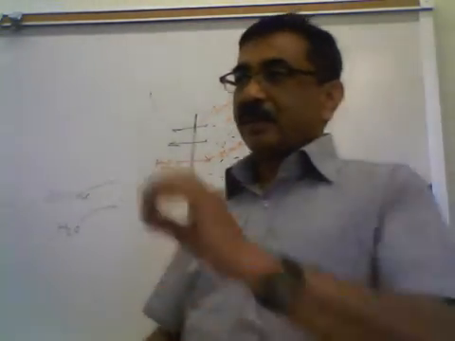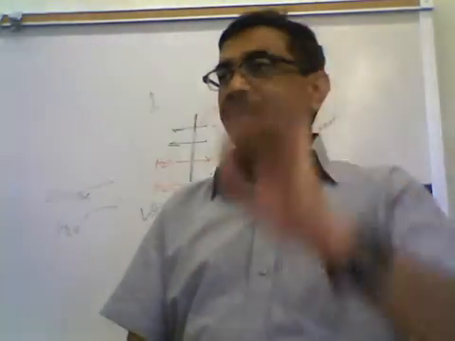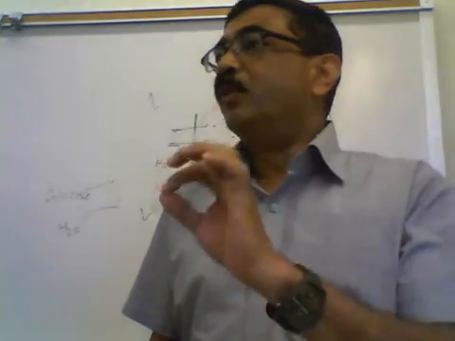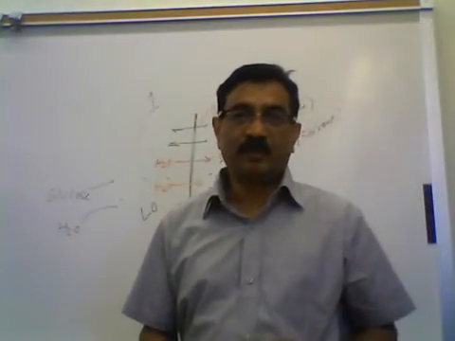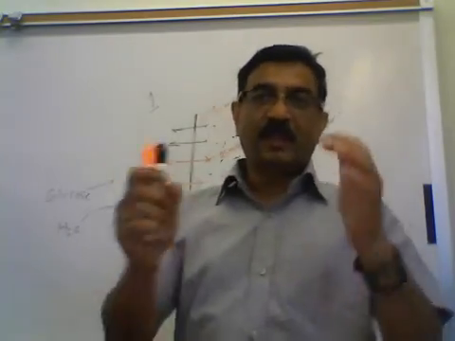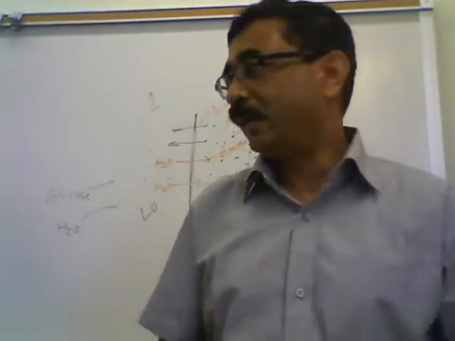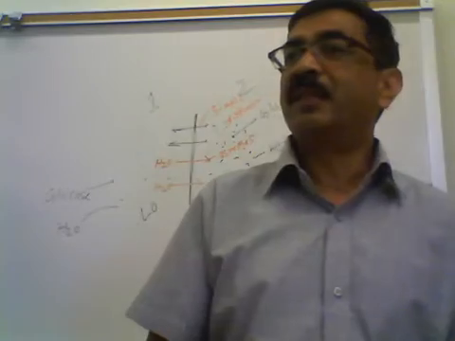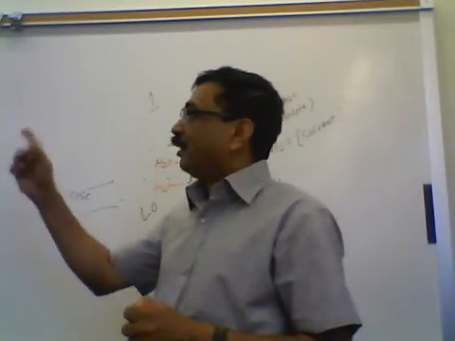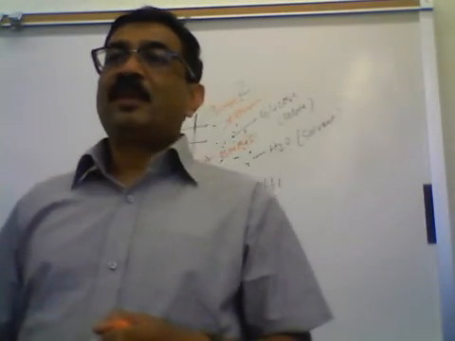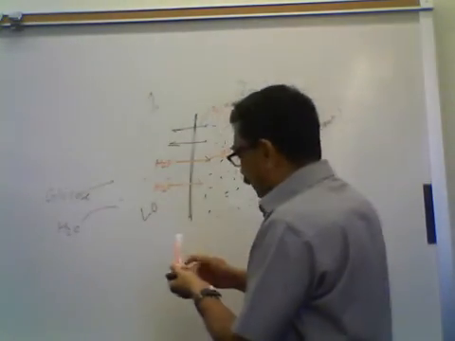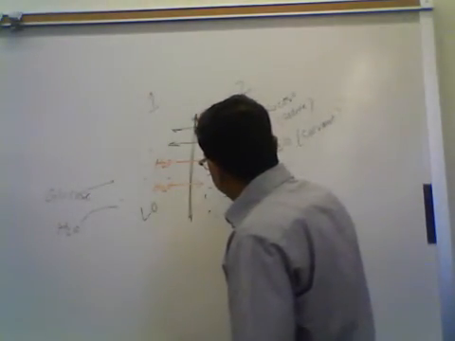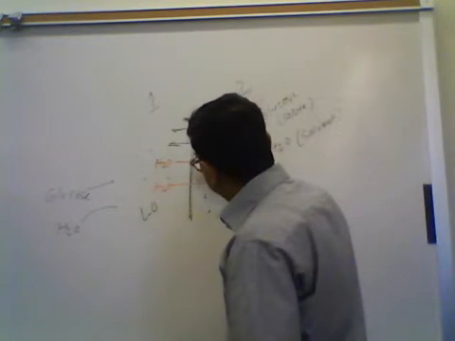Sometimes the chemicals move with the help of other molecules, not directly. That is facilitated diffusion. Sometimes other molecules can carry, for example, you have another molecule here in the cell membrane.